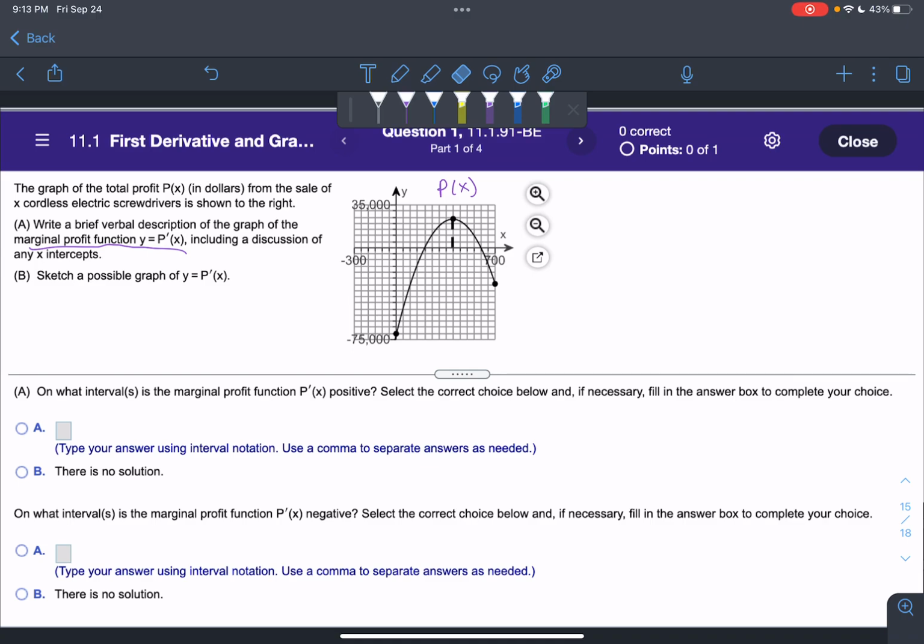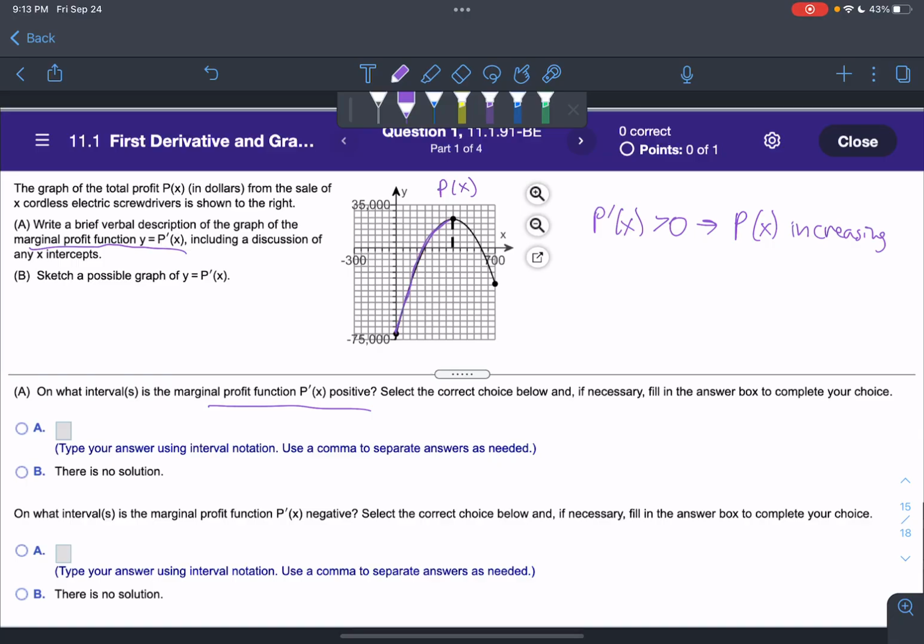Okay, so on what intervals is the marginal profit positive? All right, we want to know where our derivative is positive. So P prime of x is greater than 0. And so this means, where's my P of x increasing, right? So let's see, it's increasing on this stretch.